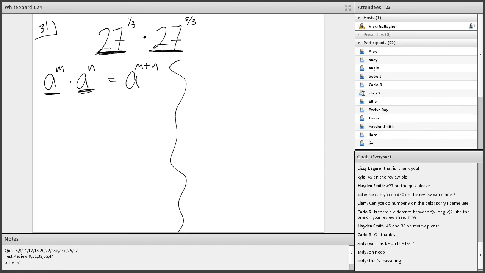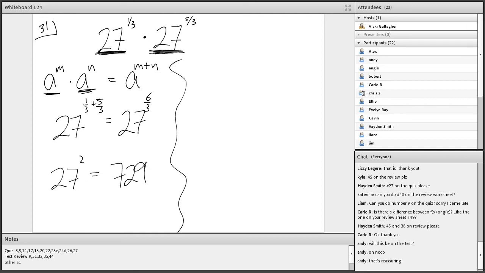So in this problem, I'm going to keep my 27s the same and add my exponents. This is 6 over 3, which is actually 2, and 27 squared is 729. That's one way to do the problem.